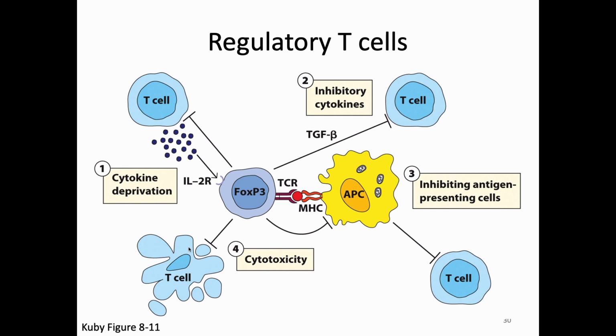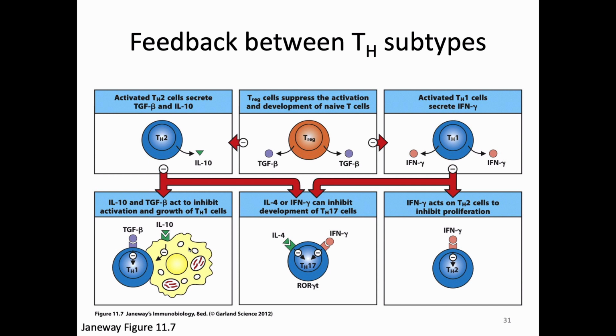Of course, now we know that there are way more subsets than just Th1 and Th2. And what we also realize is that they all feedback on each other. And so each type of T cell inhibits the generation of the other and has positive feedback on its own subtype. So you can see Th2s inhibit a Th1.